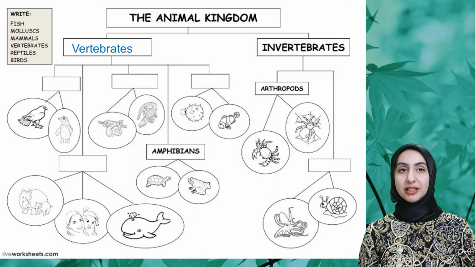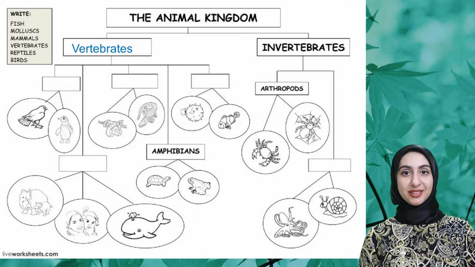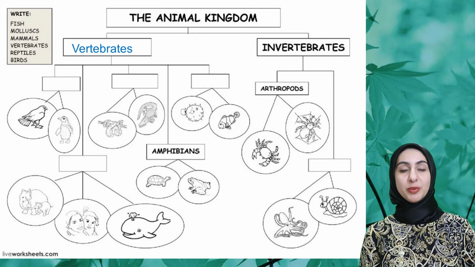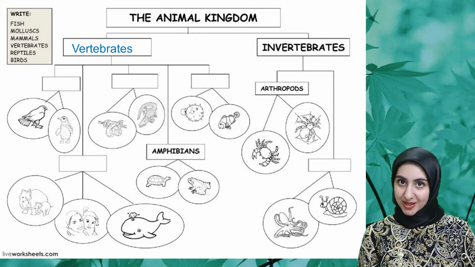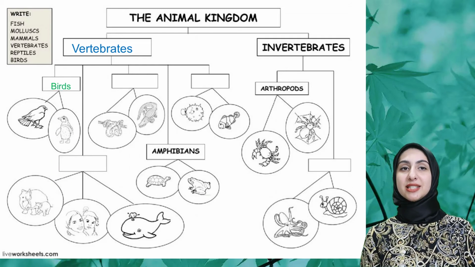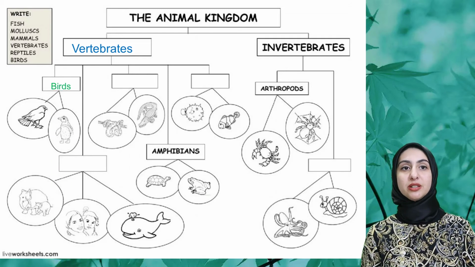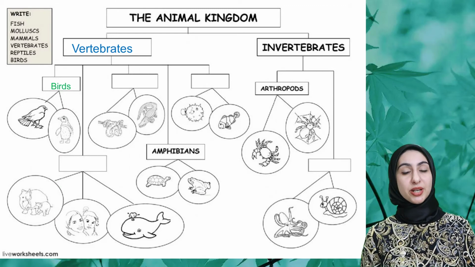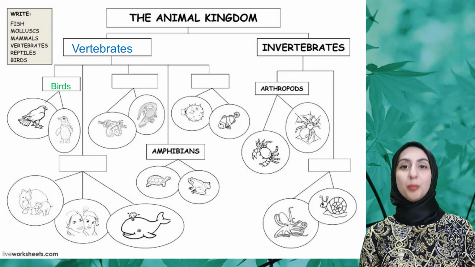The first one here is what? You can note from the pictures here. Yes, birds. And the second one, we have elephant, humans, whales. So it is classified as mammals.